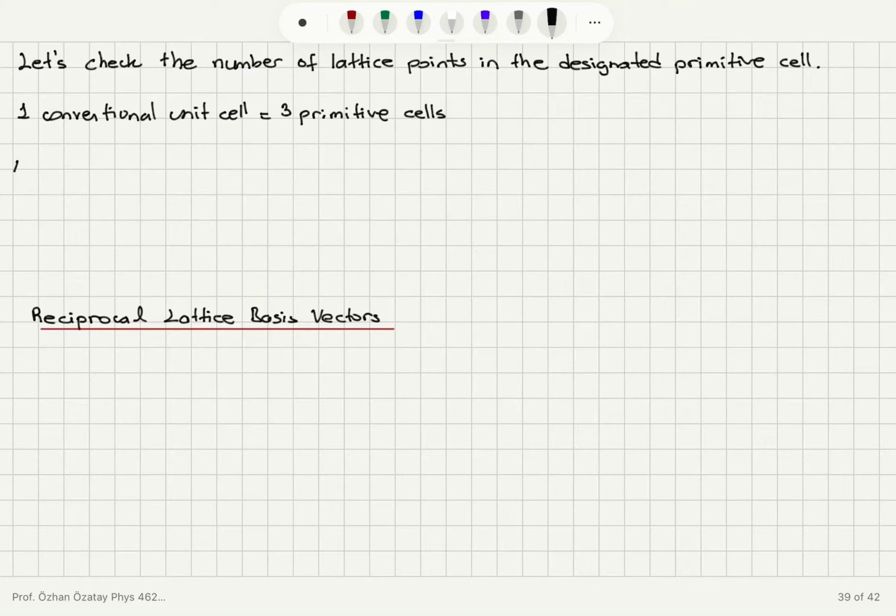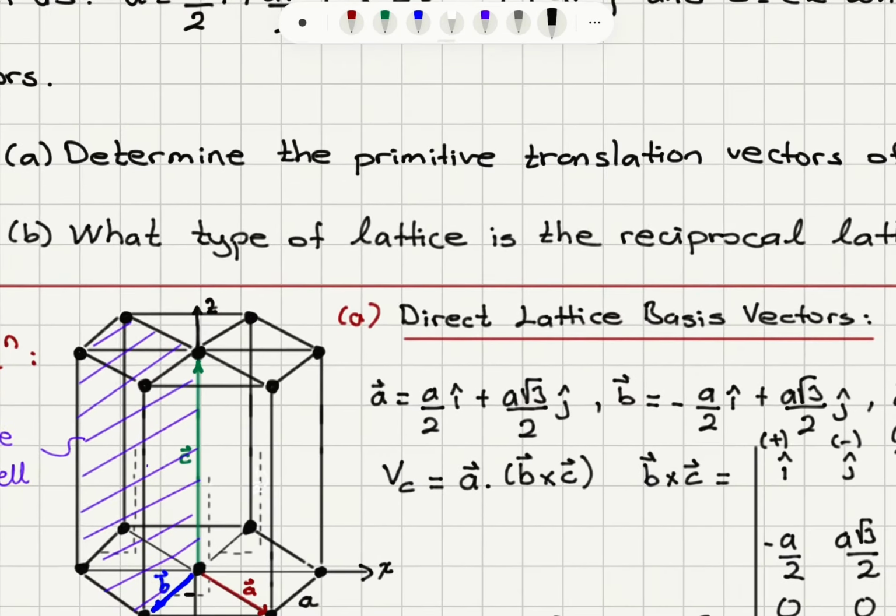So what is the number of points in the conventional cell per conventional cell? Okay, so let's count. I have 6 lattice points on top, and they're going to be shared by a top unit cell and a bottom unit cell.